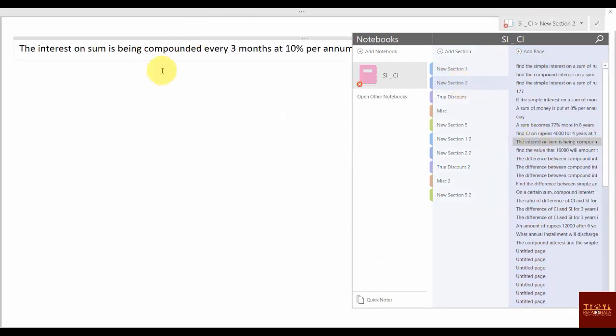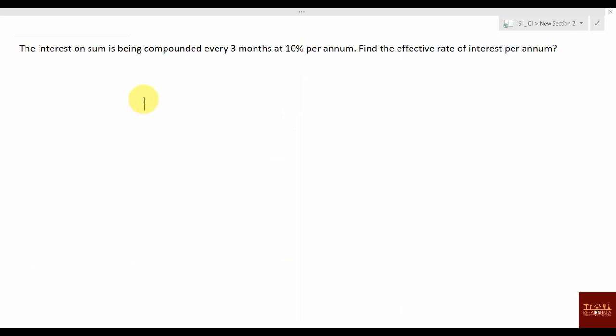Okay. The interest on a sum is being compounded every 3 months at 10% per annum. Every 3 months means quarters, right? Find the effective rate of interest per annum for 3 months. Now they are talking about per annum, which means 1 year. How many quarters? 4 quarters. So 10% per annum, now 10% will become what? 2.5%.